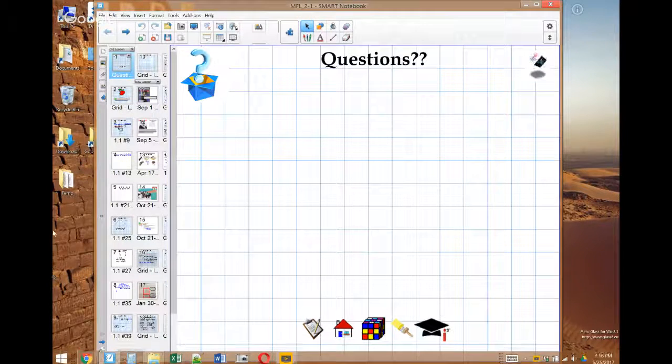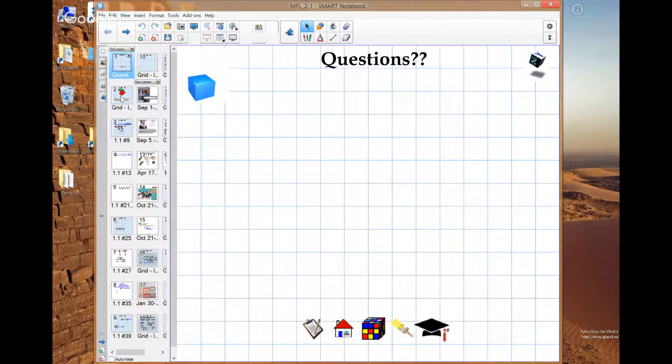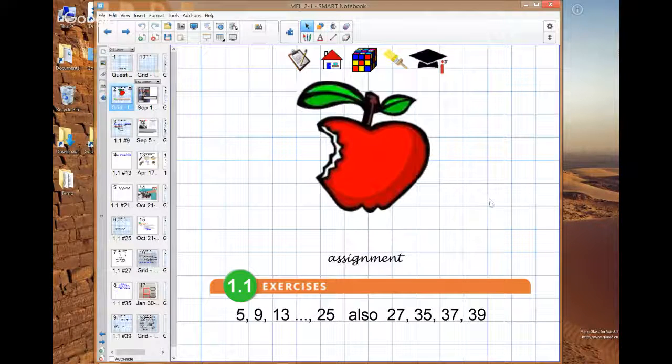Questions? Let's see. Here's what the assignment was on 1.1, except I crossed out number 9. Want to go through any of those or talk about any of them? Number 9, are we in the right place?